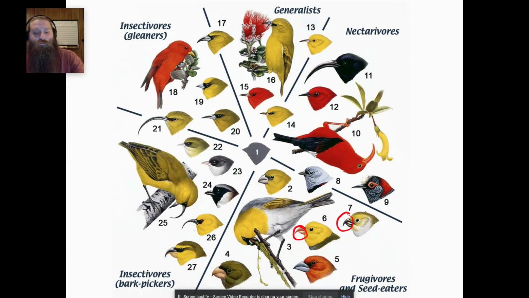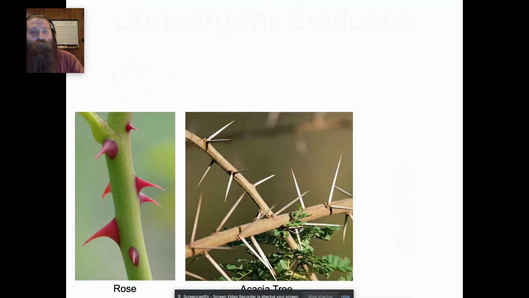We can see those based on what they eat. And we have the bark pickers, the insectivores, the ones that eat insects, and they have those hook-like beaks or the little sharp needle beaks for picking insects out of the bark. All of these finches, though, are genetically related. And so when we study them and we look for their common ancestor, we call that the study of divergent evolution, because all of these species have diverged from this common ancestor. All right, and so that's what we're studying there.